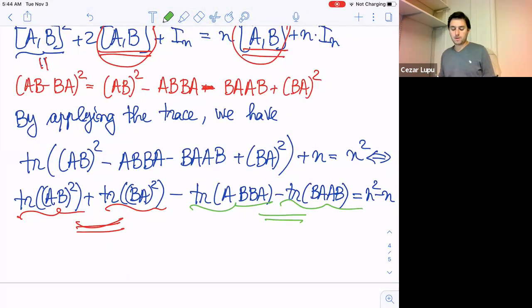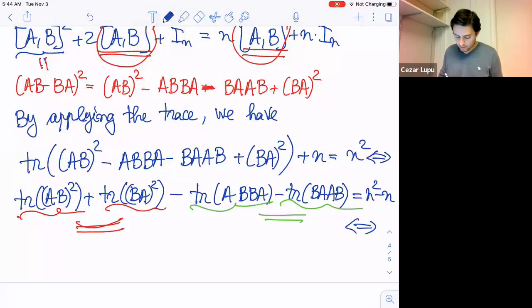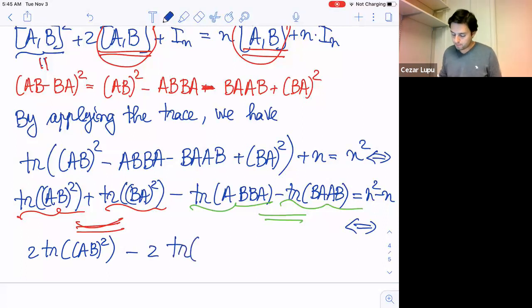And this would be, well, AB squared, so this is equivalent with saying that 2 times trace of AB squared minus 2 times trace of AB BA, right?